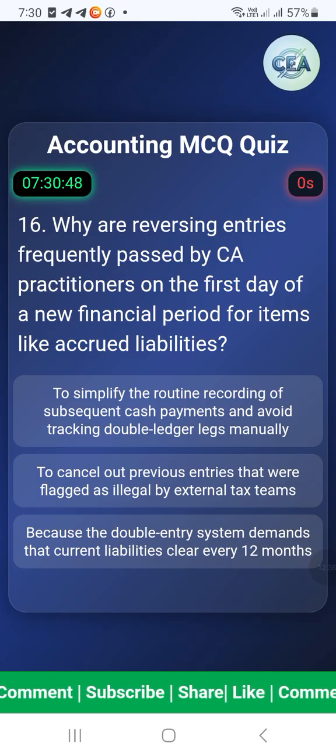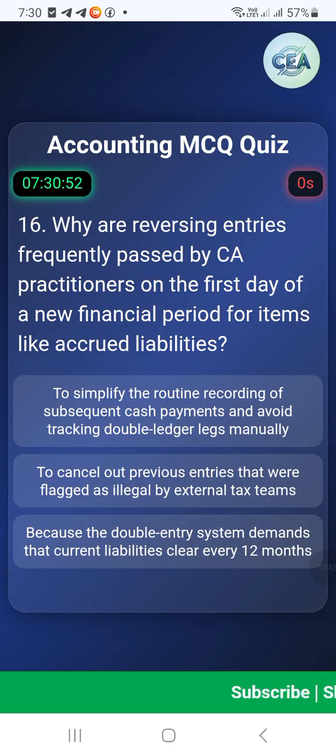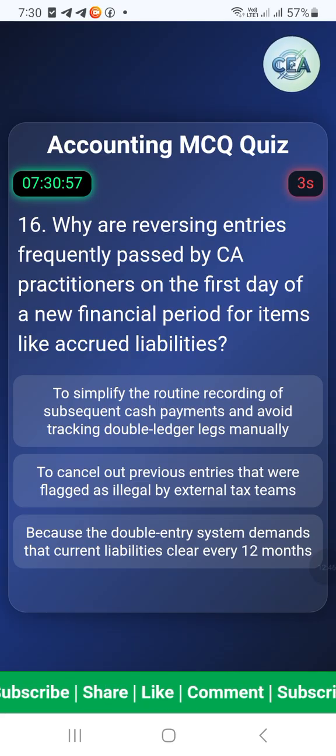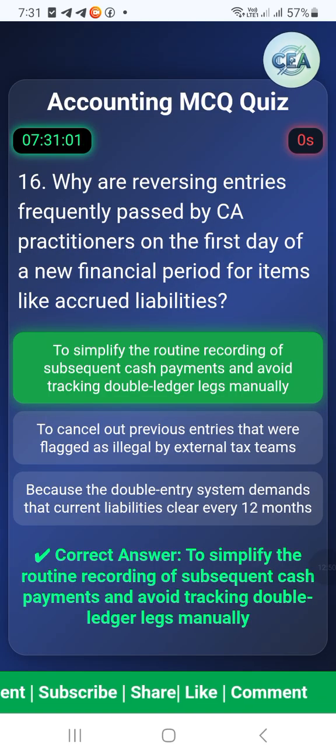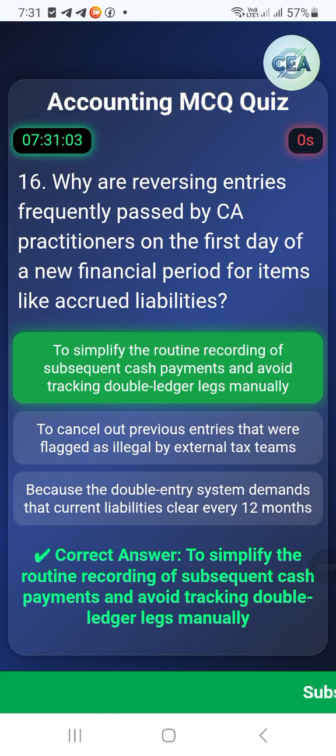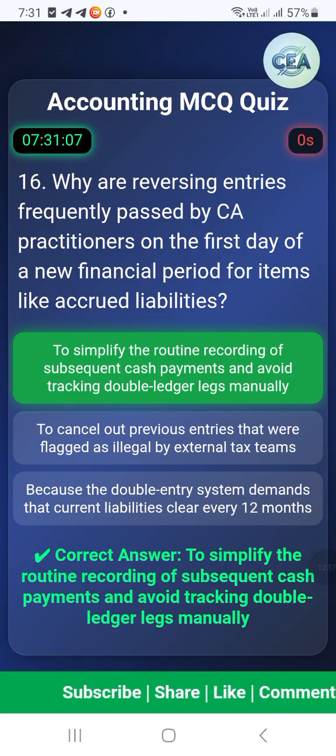Option 3. Because the double entry system demands that current liabilities clear every 12 months. Correct answer is to simplify the routine recording of subsequent cash payments and avoid tracking double ledger legs manually.